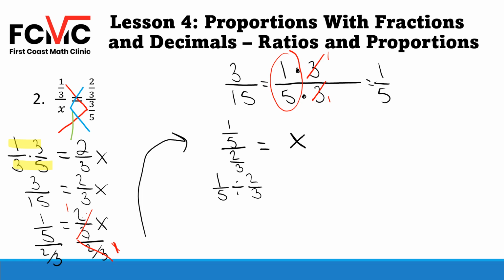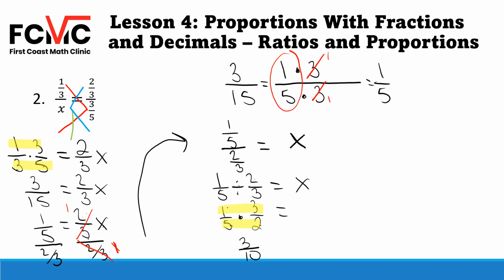We want to change the operation to multiplication. So I'm going to keep that first fraction. I'm going to change division to multiplication. I'm going to take the reciprocal of the second fraction. So 2 over 3 becomes 3 over 2. Now I'm going to multiply straight across and straight across. 1 times 3 is 3. 5 times 2 is 10.